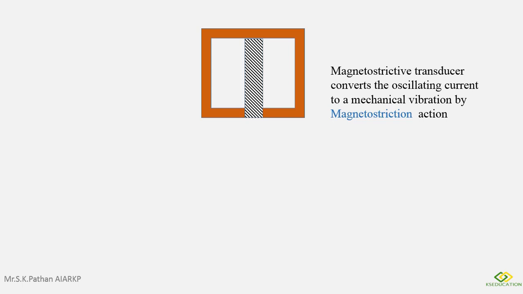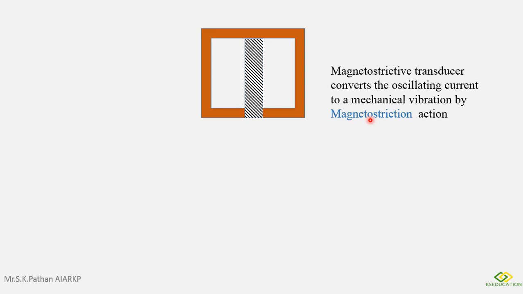The function of this transducer is to convert the oscillating current to a mechanical vibration by magnetostriction action. Magnetostriction action means when we supply an oscillating current to a ferromagnetic material, when it receives the oscillating current, it changes shape and again regains that shape.